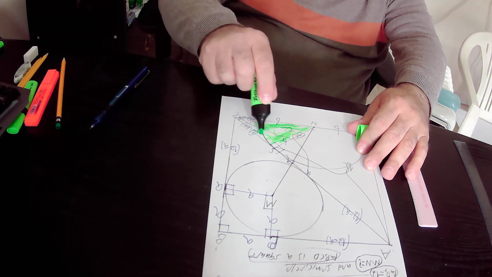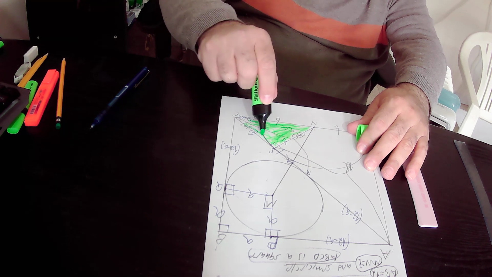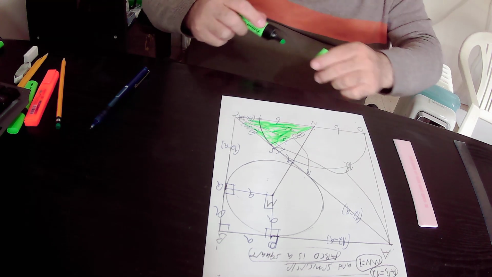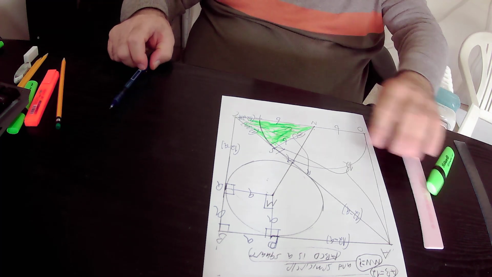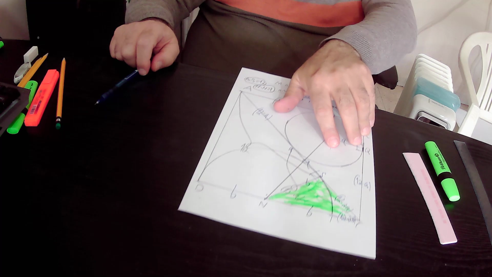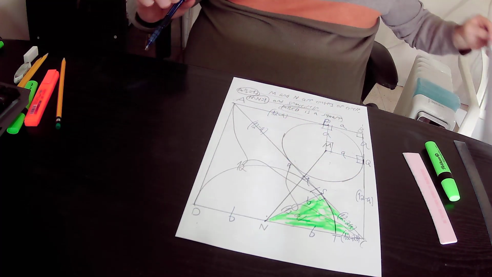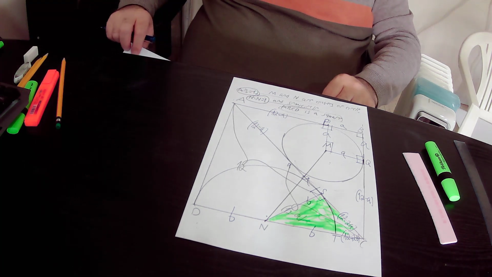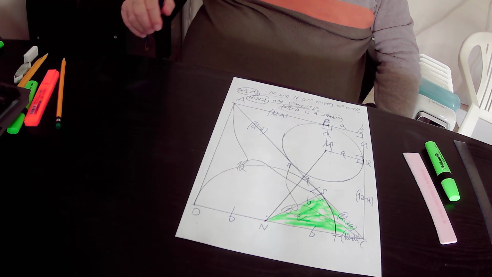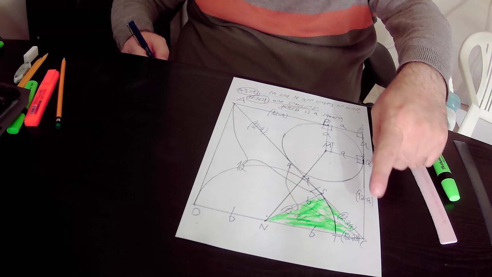So we will implement the Pythagoras theorem on the green right triangle, triangle NSC. But first of all, we will find out the value of the hypotenuse NC. What is the value of NC? The value of the hypotenuse NC of the right triangle NSC will be equal to NT plus TC.